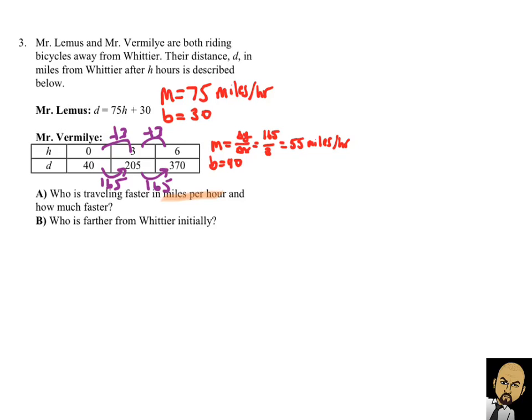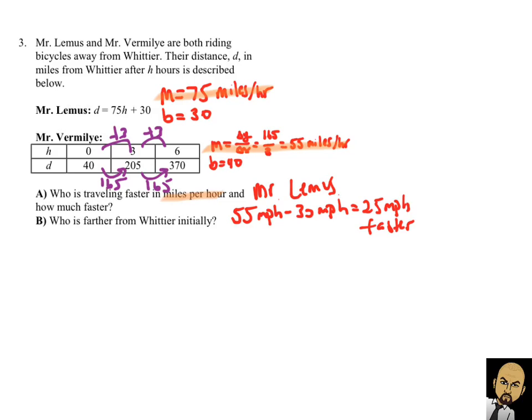Mr. Lemus is traveling at 75 miles per hour, Mr. Vermillion at 55 miles per hour. So who is faster? Mr. Lemus is faster. How much faster? Well, it's 75 miles per hour minus 55, so he is going to be 20 miles per hour faster.